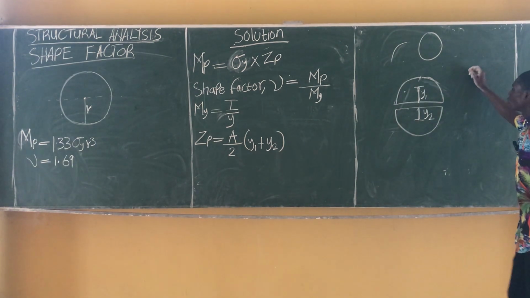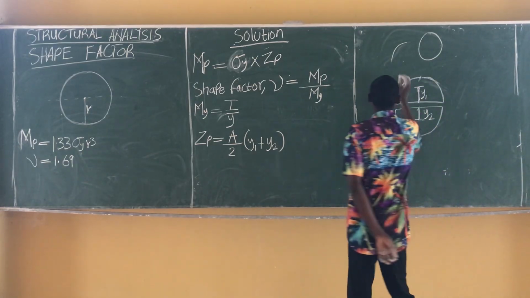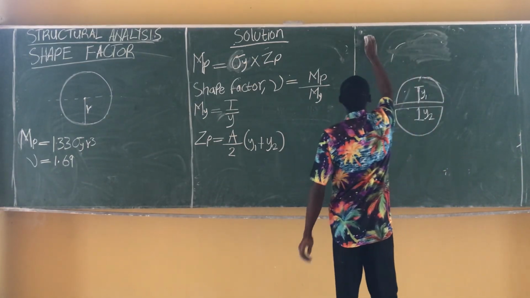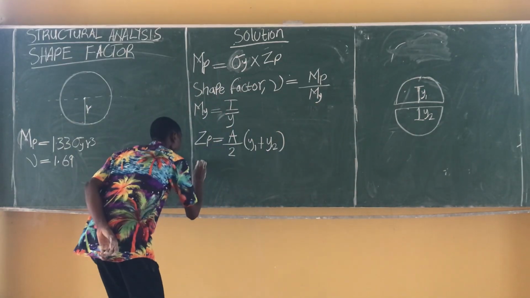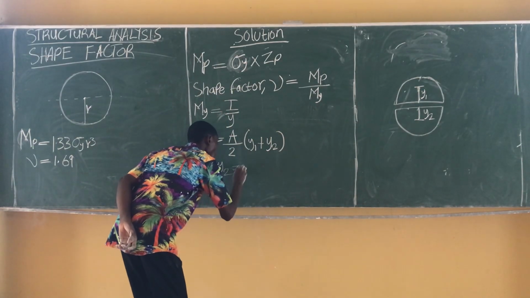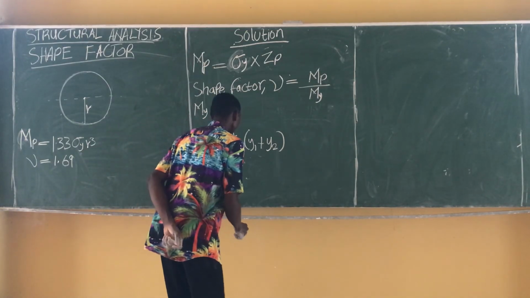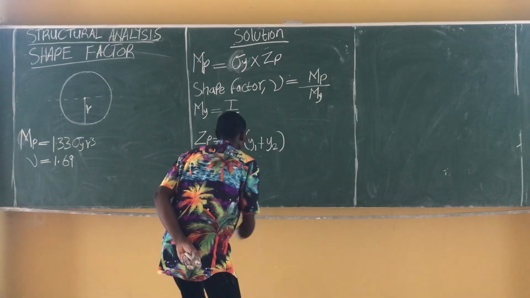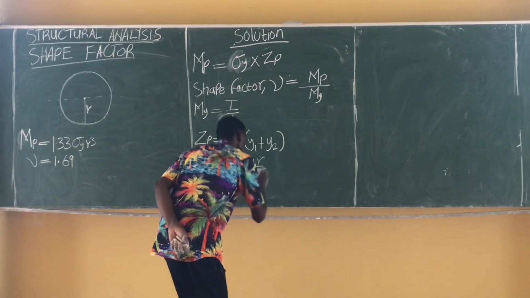Because it is a circle, our y1 is equal to our y2, and this is equal to 4r all over 3 pi.